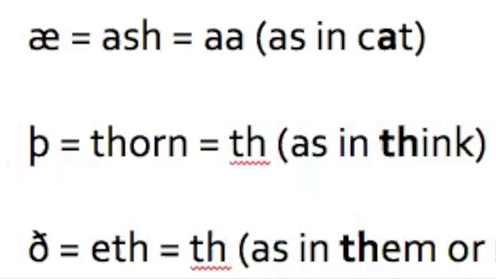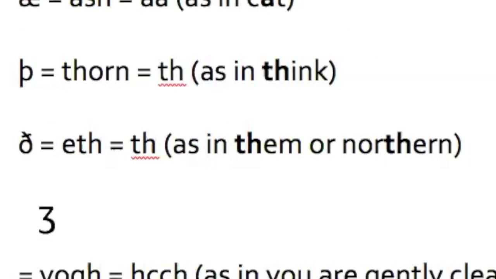This thorn character is taken from the runes, but in the runes, it's a triangle instead of a round shape. As it got transferred to writing, you can make it round. So that's the thorn, straight from the runic alphabet. And it makes a TH sound, in particular, the unvoiced TH sound like the sound at the beginning of think. Think. I think I'm going to the north. There's another TH sound. It was an important sound for the Anglo-Saxons, and that's this third little funky looking D with a cross through it.